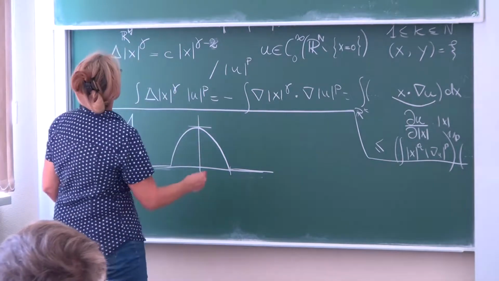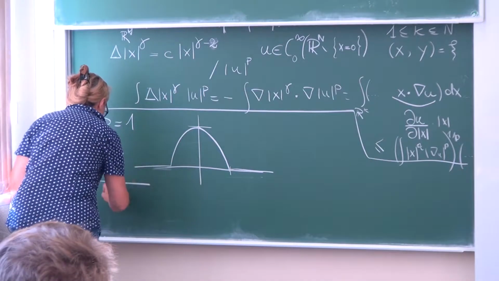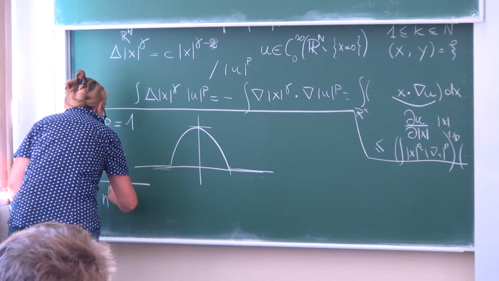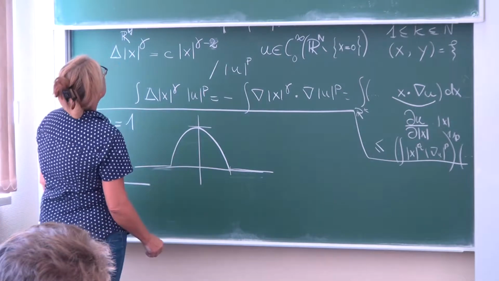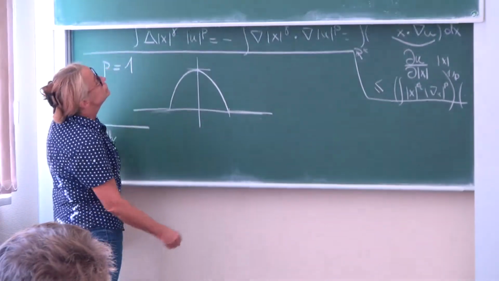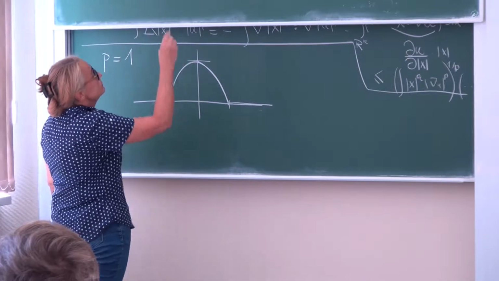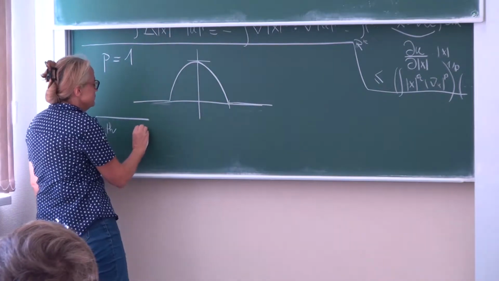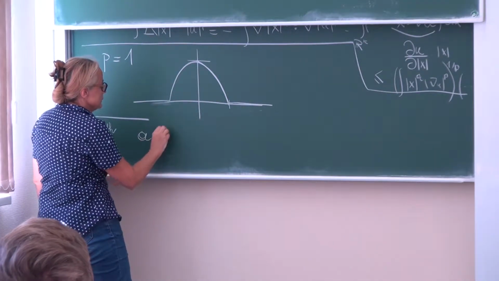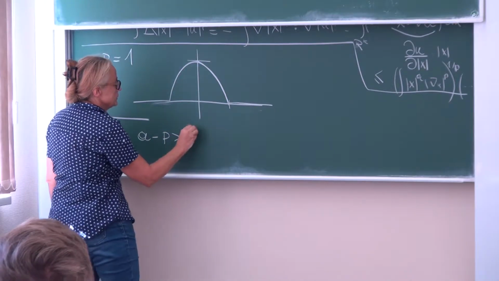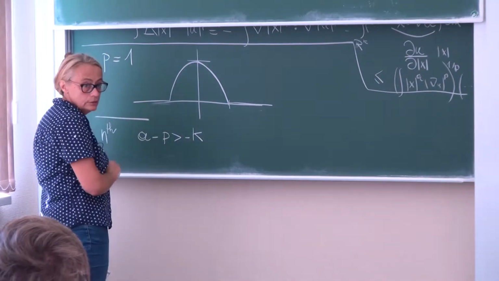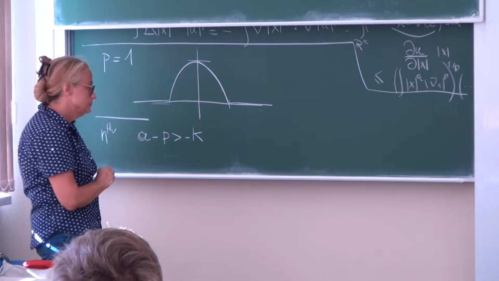Well, the last remark, I will not make computation. The last remark, I don't know which number that is, if the weight b is integrable, so it means a minus p is greater than minus k. Okay, this is the problem.